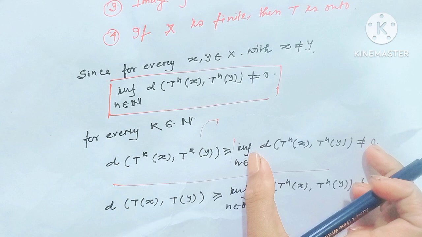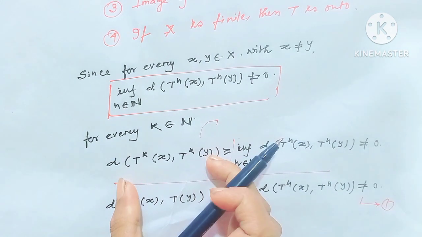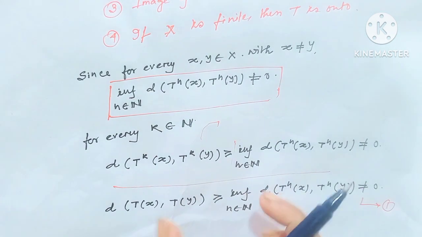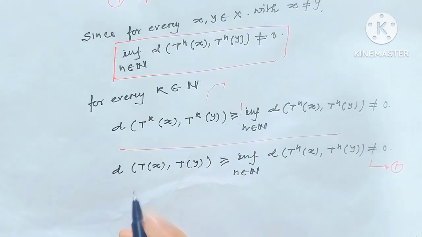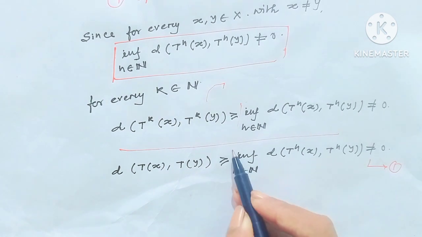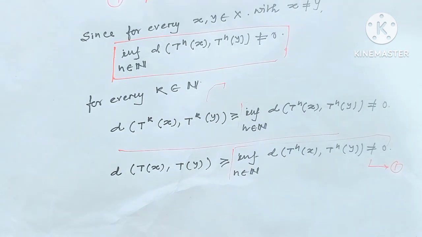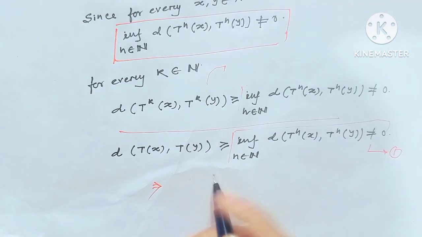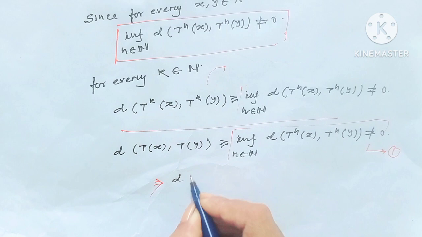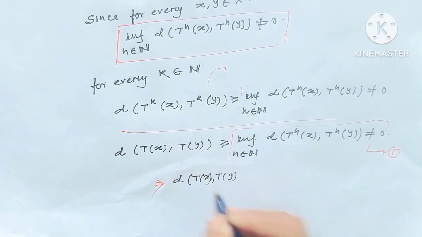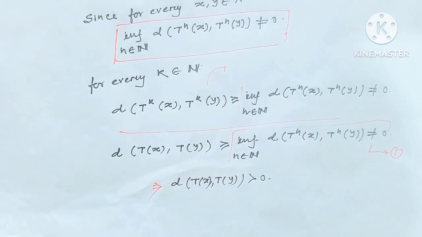So this part is always greater than this infimum, and when k equals 1, d(Tx, Ty) is greater than or equal to this infimum, which is not equal to 0. That implies from this relation that d(Tx, Ty) is strictly greater than 0.